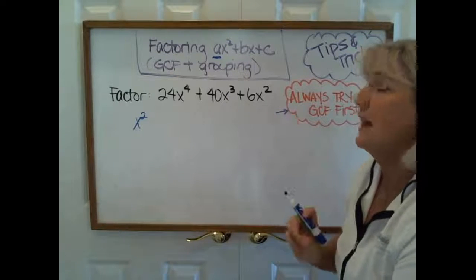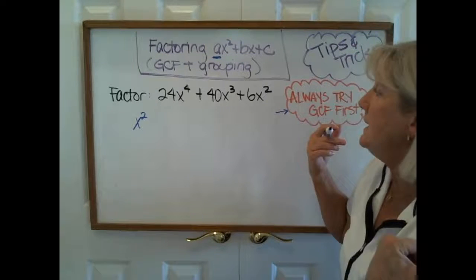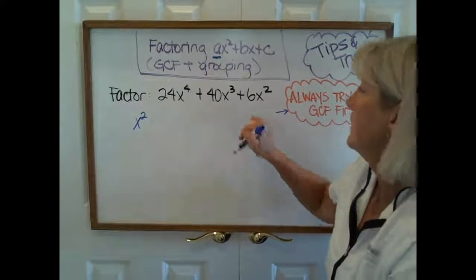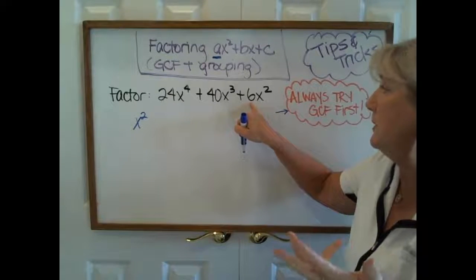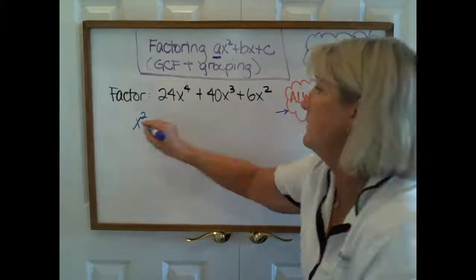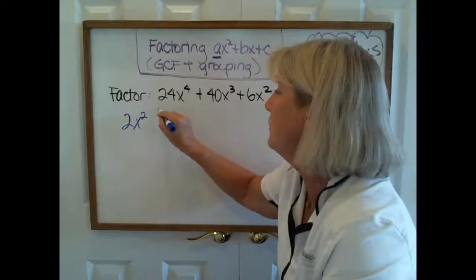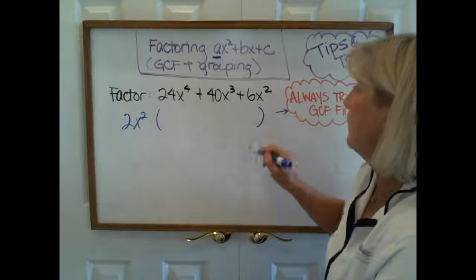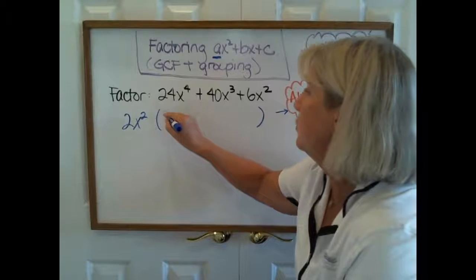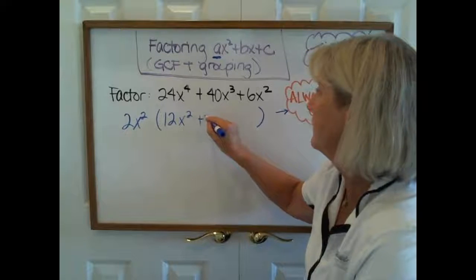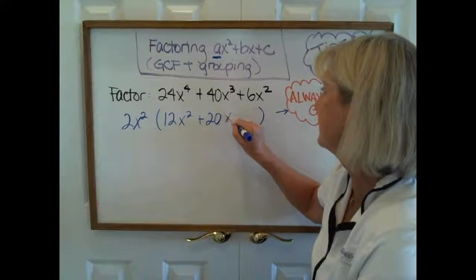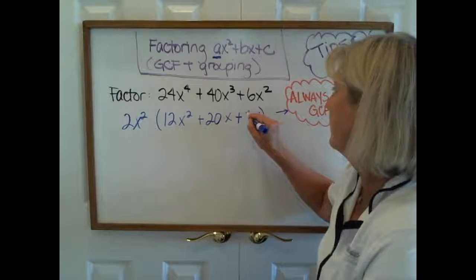So the other thing that I could take out would be a 2, because I look at factors of 6, and there's 6 and 1 and 2 and 3. So 2 goes into all these things. So I can take out a 2x squared, and now I can see what's left. So that would be 12x squared plus 20x plus 3.